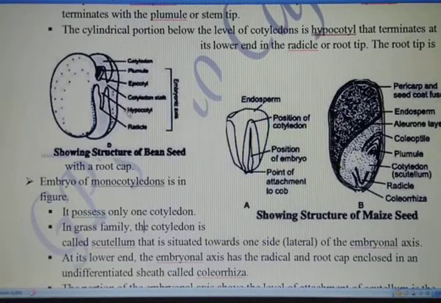This is the dicot seed, and the other one over here is the monocot seed, for example a maize seed. The part you can see in the lower part here is the radicle, and over here is the plumule. The radicle has to develop into root, and the plumule has to develop into shoot.